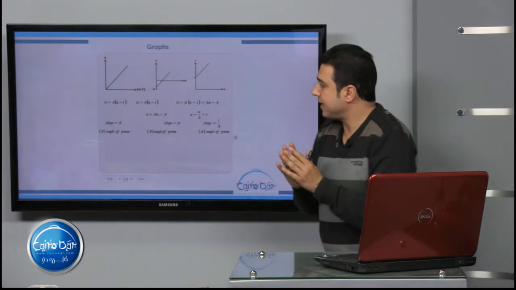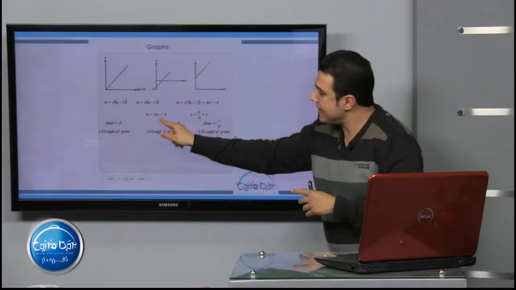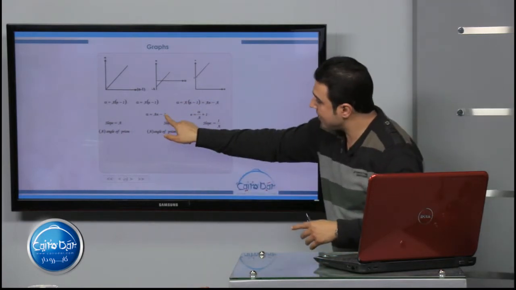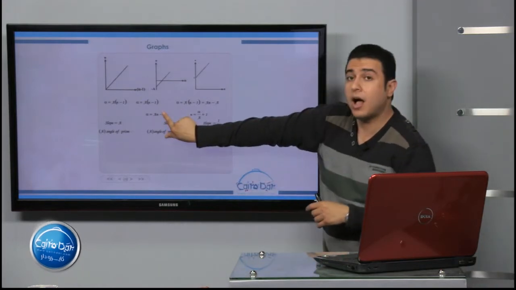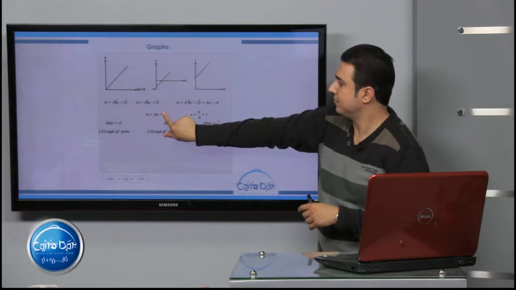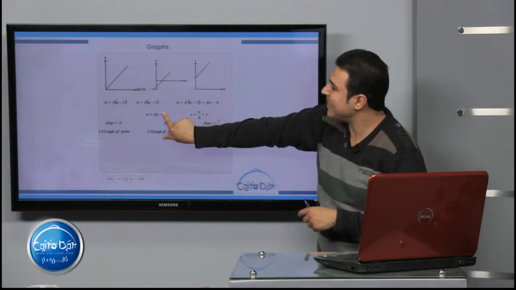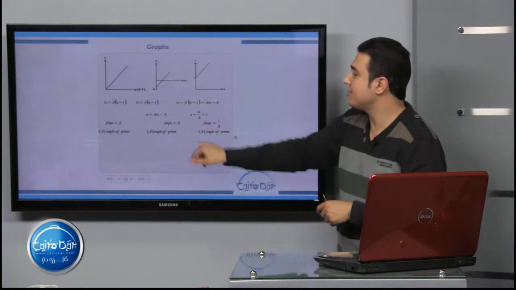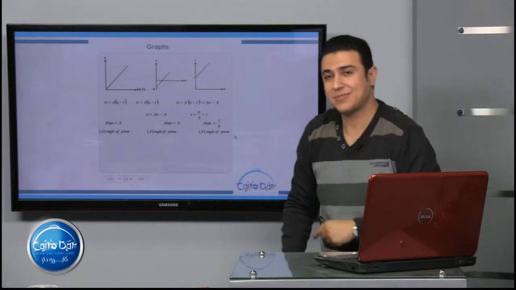When we open the bracket, alpha equals A n minus A. Minus A is this part. So the relation now is alpha equals A n. When we make a division, alpha divided by n, the slope equals A. The slope of the graph equals A.